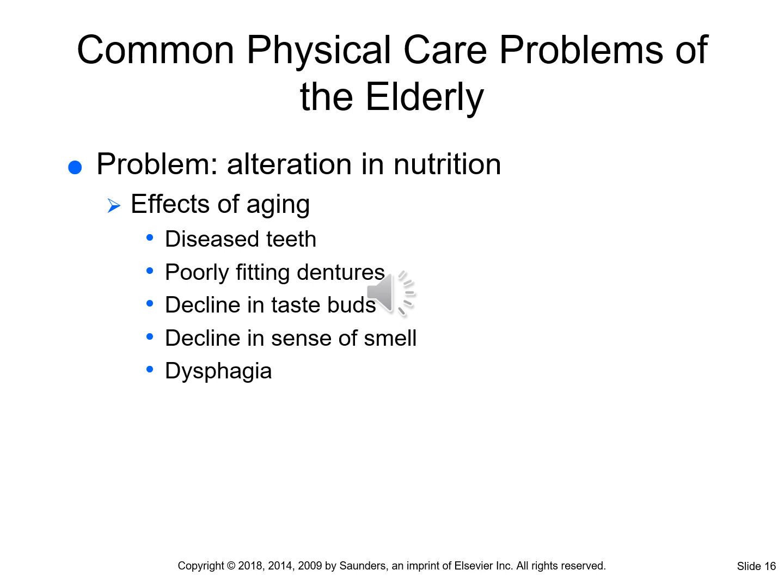And so certain changes that occurred during this time period make it difficult for the elderly patients to achieve this goal. So for example, maybe they have a loss of teeth or poorly fitting dentures. They have a decreased ability to smell and taste food. Their appetite changes, maybe because of certain medications that they might be taking.